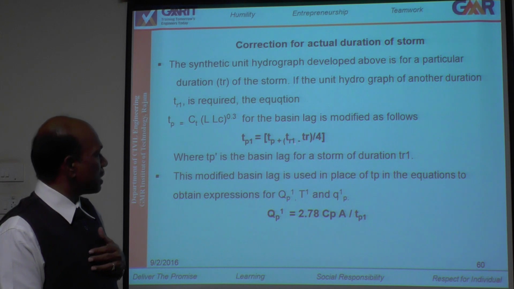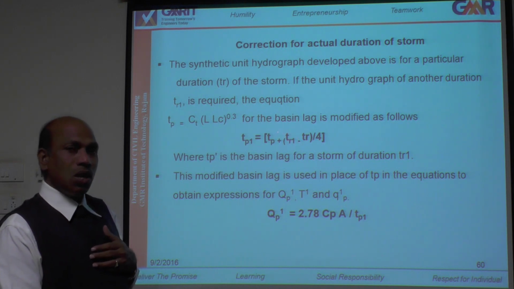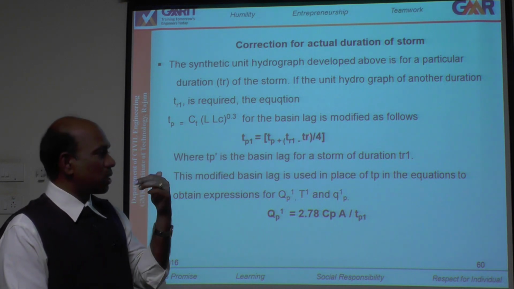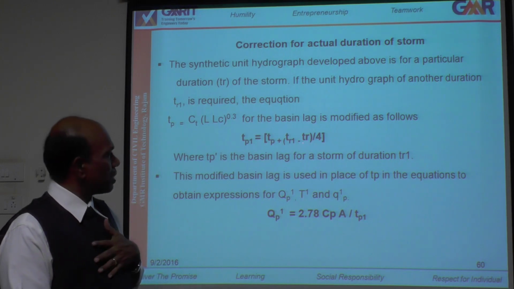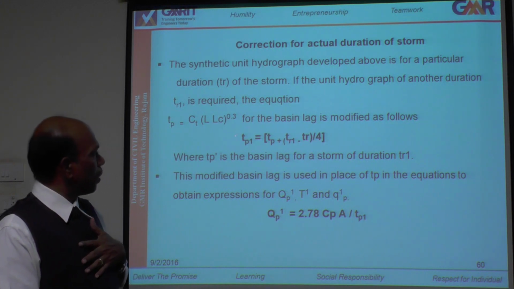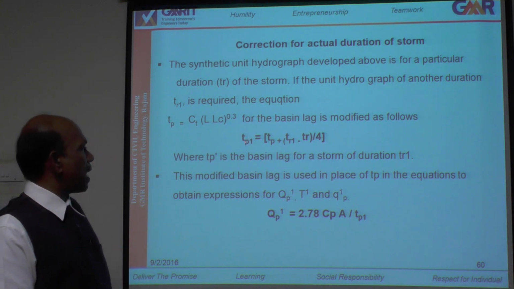Tr dash is the desired unit hydrograph duration, for example 3 hours. Tr is the calculated unit duration, already I told you 1.5, this is an example value. So 3 minus 1.5, divided by 4, gives Tp dash. This is the modified basin lag value.